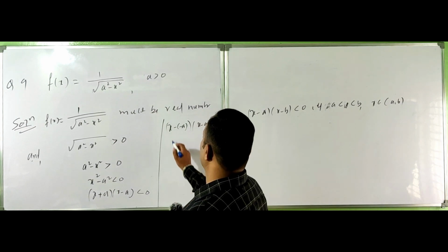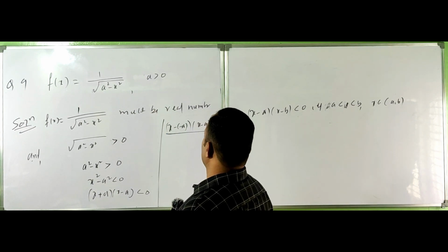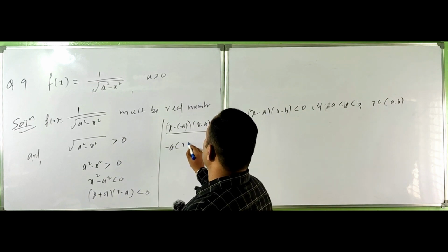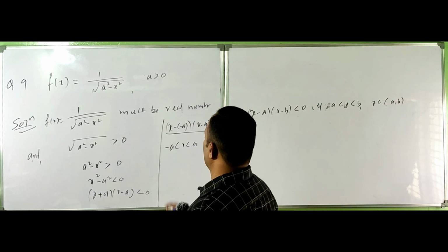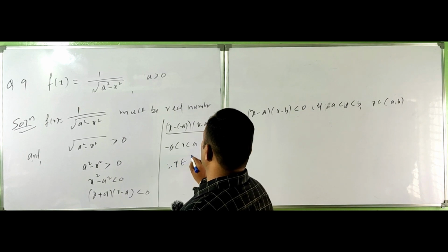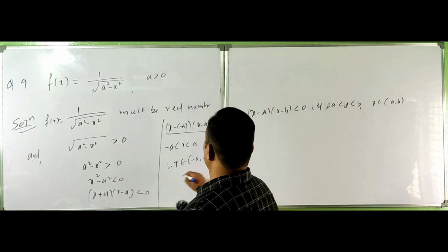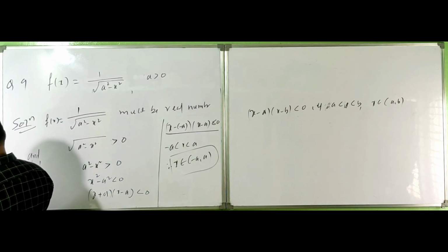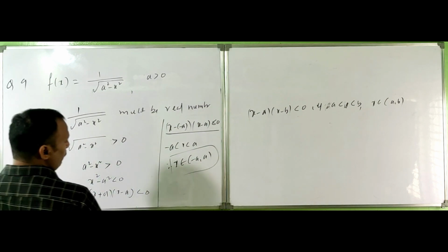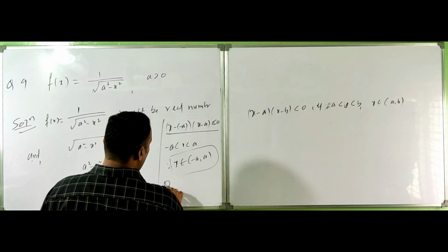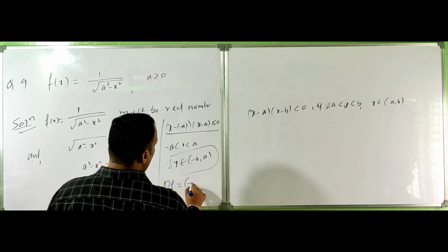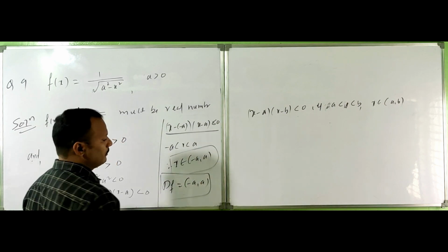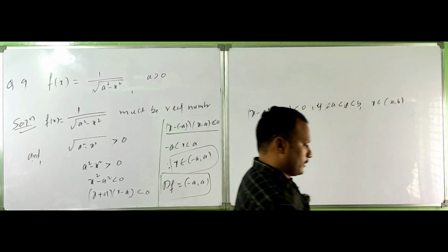Therefore, minus a is less than or equal to x less than or equal to plus a, so x belongs to minus a to plus a. This is the domain. Domain of f is equal to minus a to a.